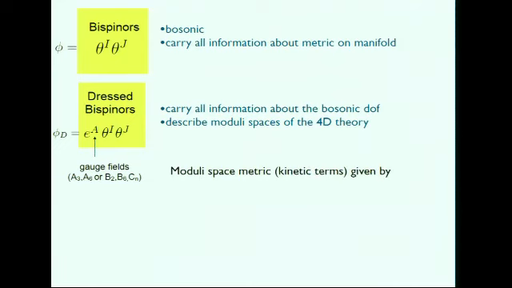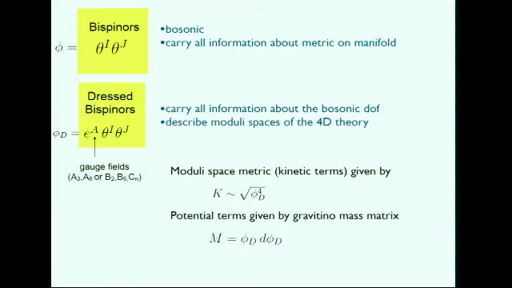And what I want to show is that the moduli space metric, or the kinetic terms, are always given by some invariant function on the U-duality group, which is a quartic function. So this is some invariant of the U-duality group, and it's a quartic function of this dressed spinor. And then the potential terms are given by the gravitino mass matrix, and this is again some invariant function, and we will see in the examples how this is.